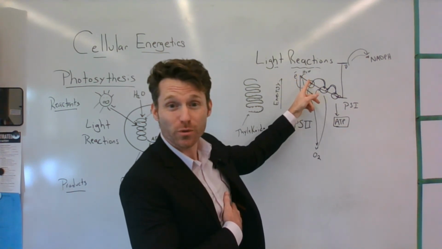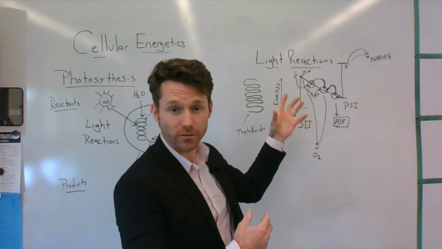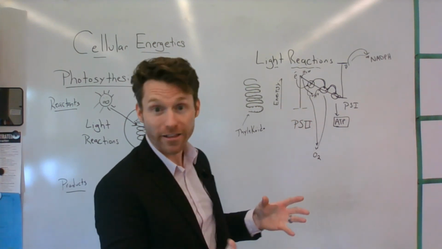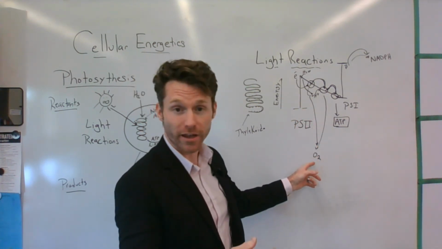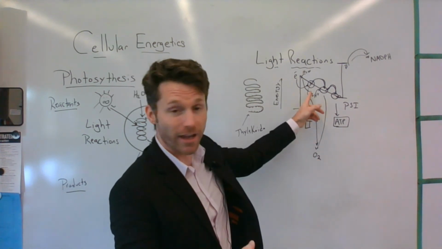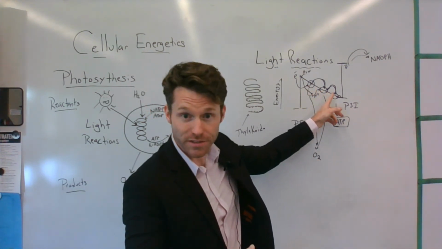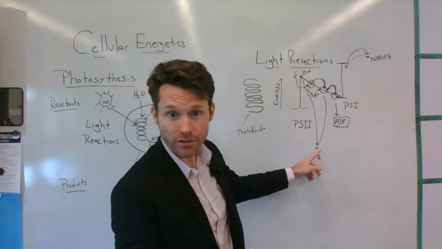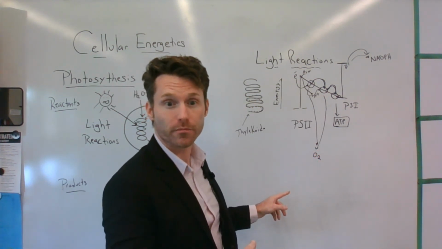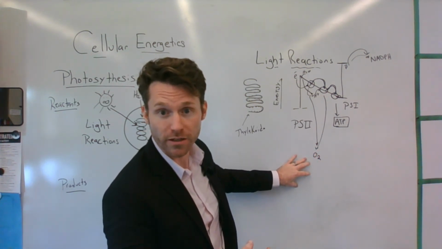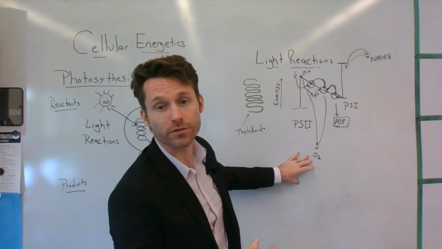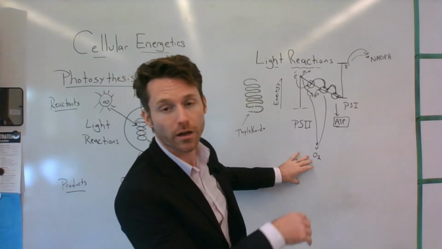So the H2O is being ripped up to get those protons out. That leaves me oxygen left over as trash, right? And so the H's are getting involved in these processes, and that trash oxygen is just getting spit out. And this becomes the oxygen that we breathe, or the oxygen the plant is going to use for its own cell respiration in the next video.